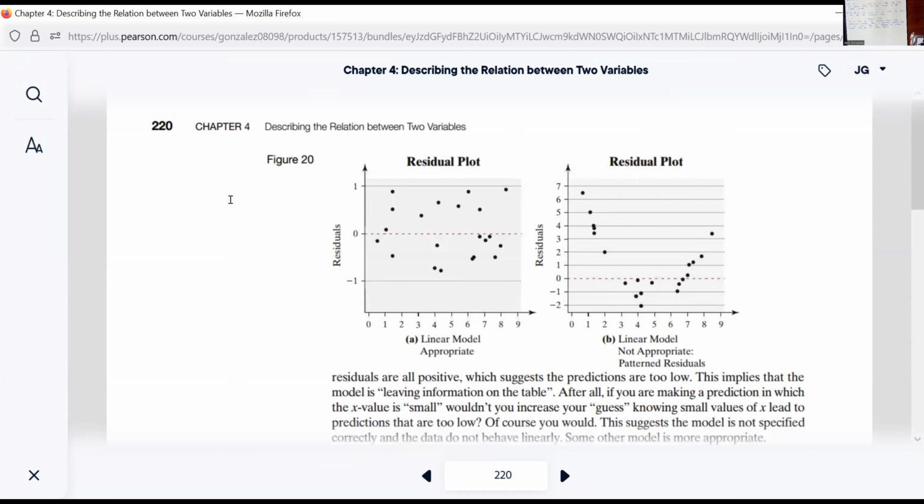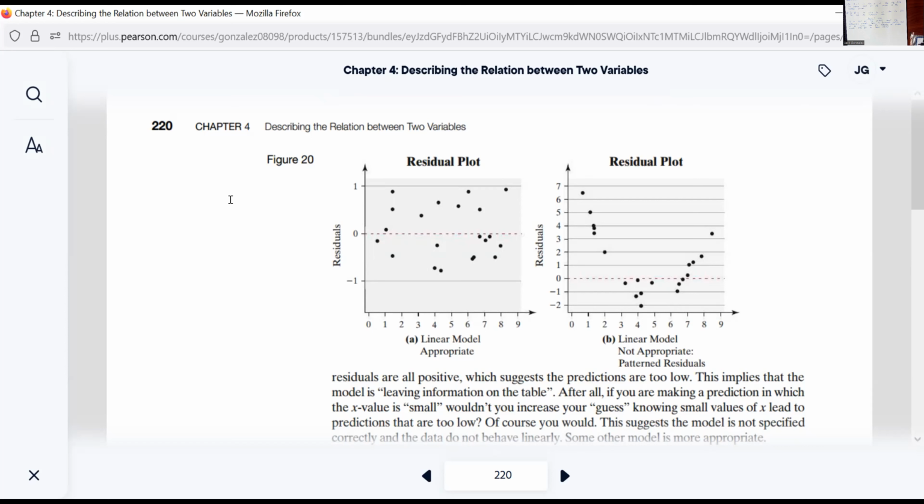Here it's broken. You can see a little pattern, like maybe a parabolic shape or a curve down there. You see what I'm talking about? That pattern is telling you that the linear model is not good for this data set. There might be another model that's good.